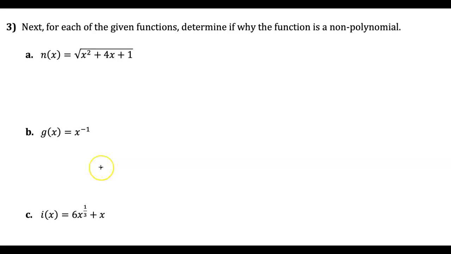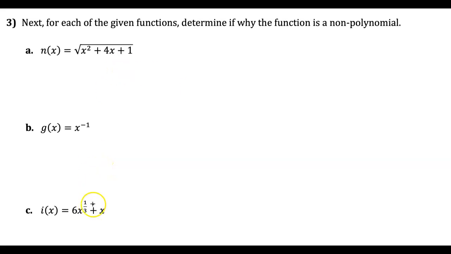Okay, so in this next exercise, we're given some functions, and we just want to determine why they are not polynomials. So these functions, I'm telling you, are not polynomials. Why are they not polynomials? Well, this one is not just the sum of power functions. This has a square root in it. The square root makes it not a polynomial. Here, it has a negative exponent.